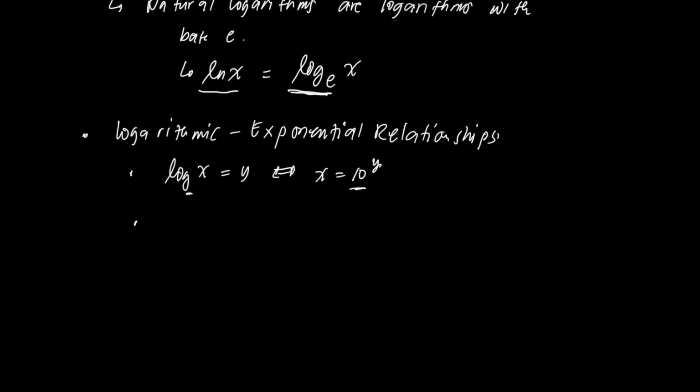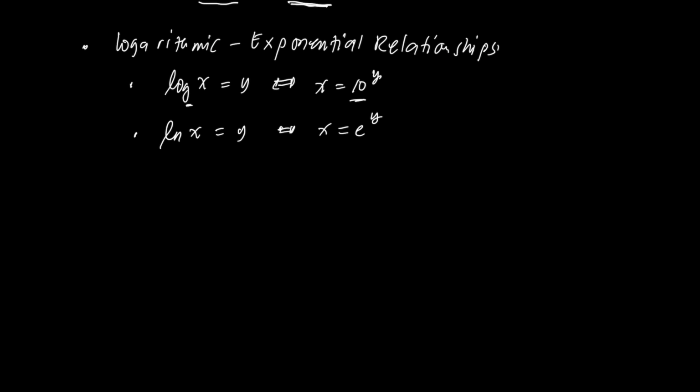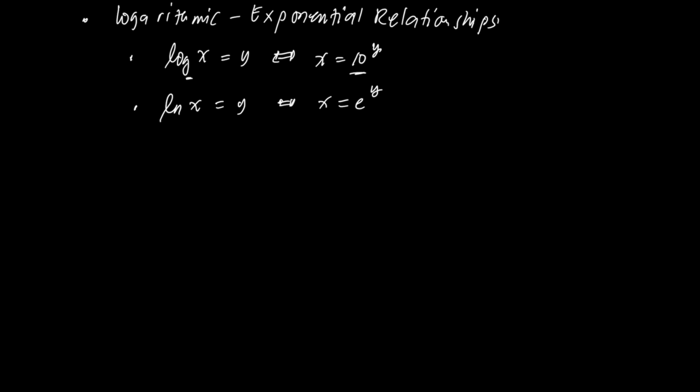Also, the ln of x equals y is equivalent to x equals e to the y. So when you say natural logarithm, that's automatically that the base is e. So let's solve now exponential and logarithmic functions.